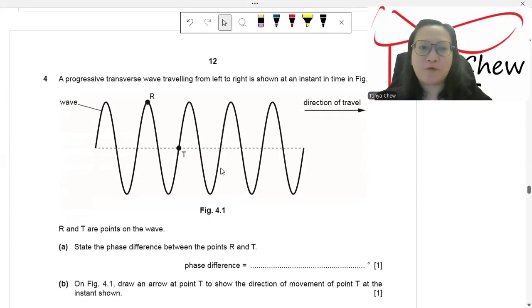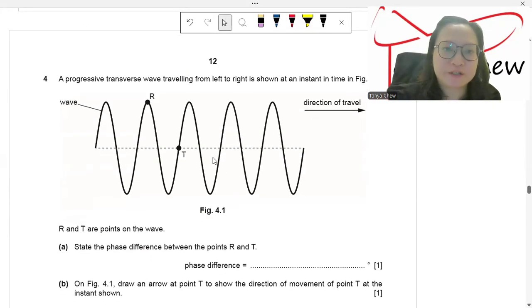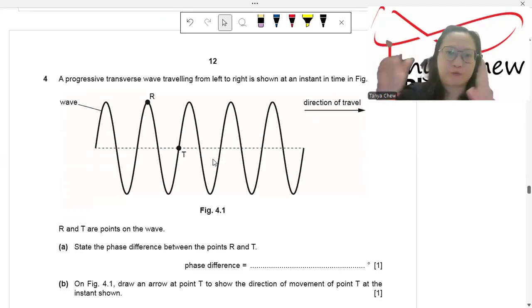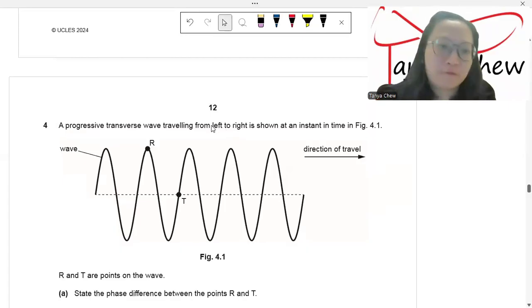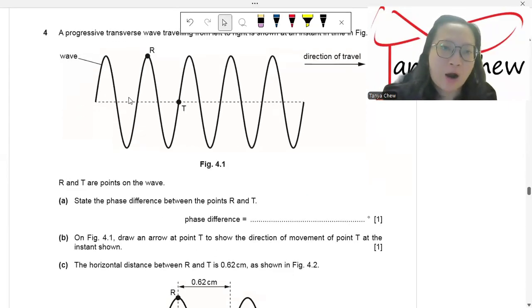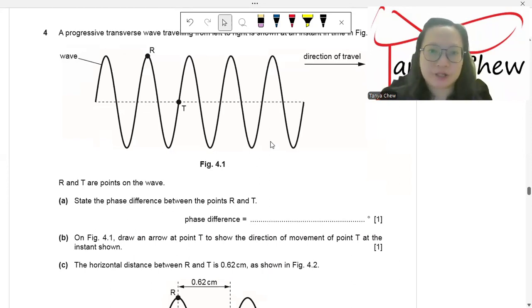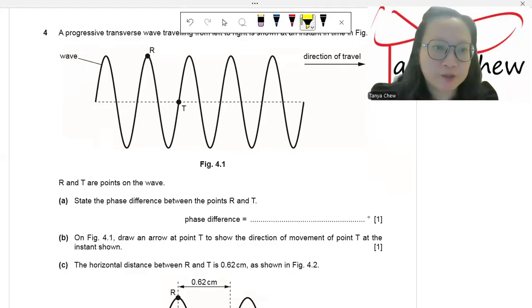Next one, question number 4. A progressive transverse wave is traveling from left to right, as shown at an instant in time in Fig 4.1. This is a wave. R and T are points on the wave. A, state the phase difference between the points R and T. I want you to see this. This is one complete oscillation of the wave, right?